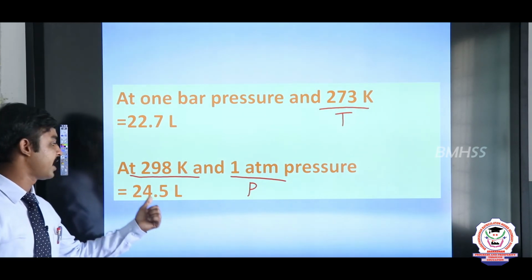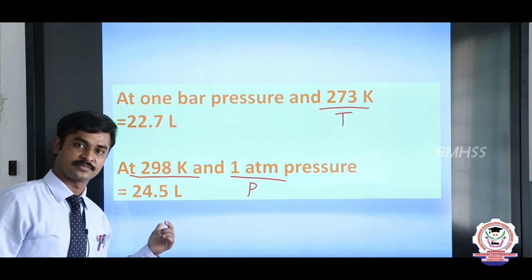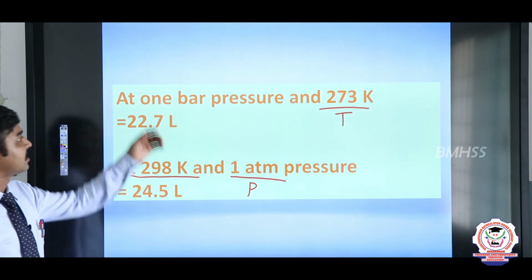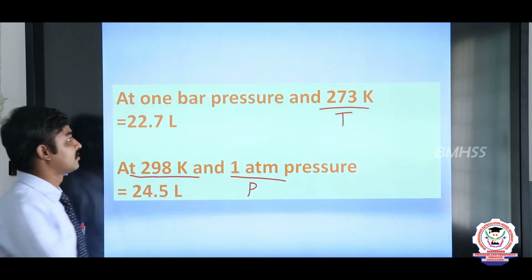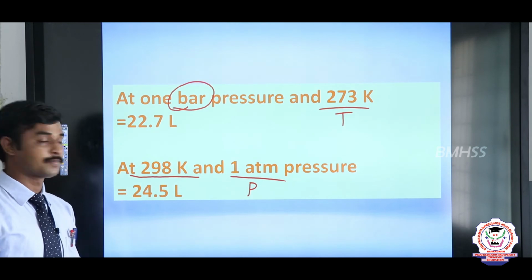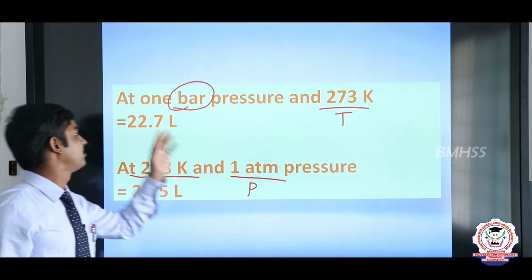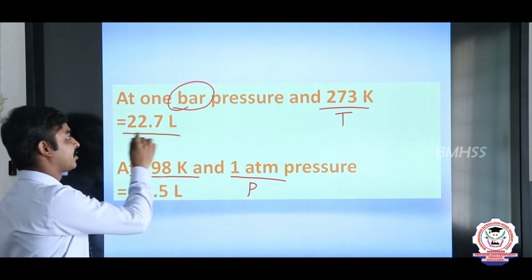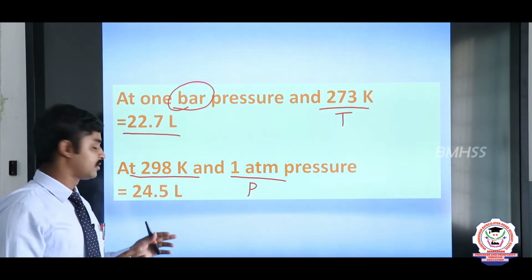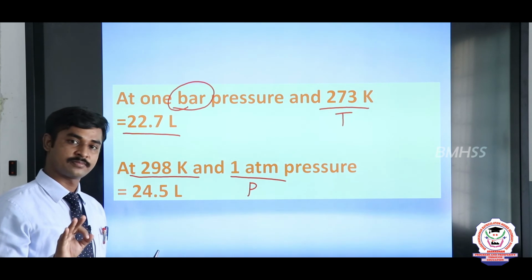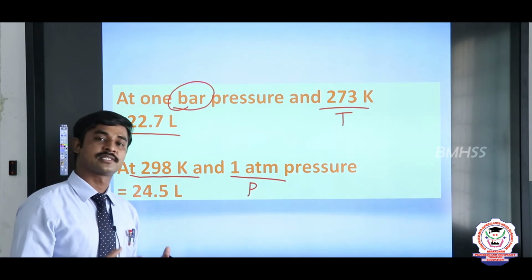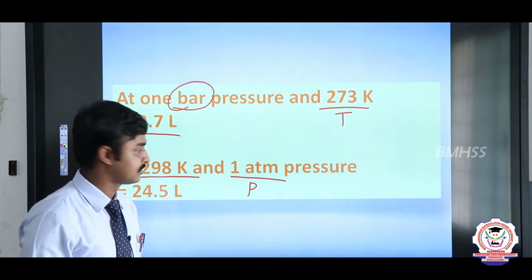The 24.5 liter is the molar volume at 298 Kelvin temperature and 1 atm pressure. When we change to 1 bar pressure, the pressure represented in the bar unit, we get the molar volume 22.7 liter. So we have 3 types of molar volume, which differ when we keep the pressure and temperature at various levels.